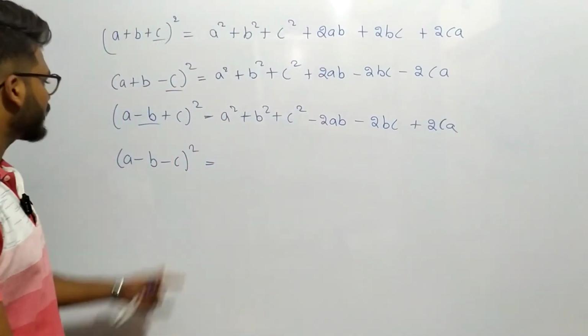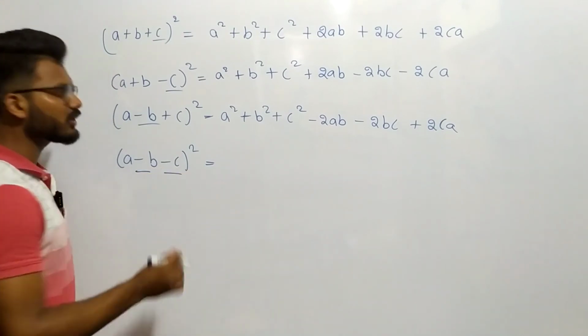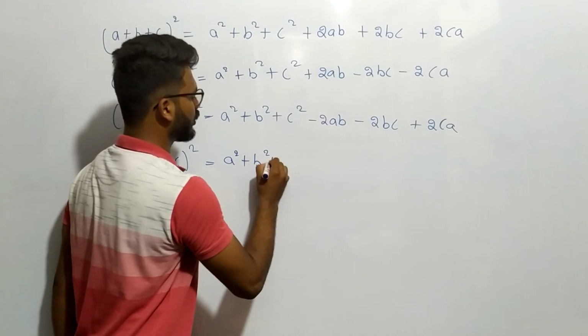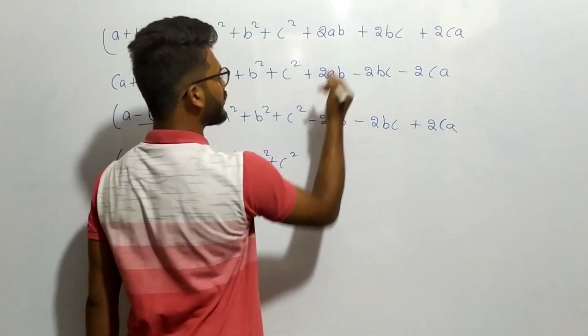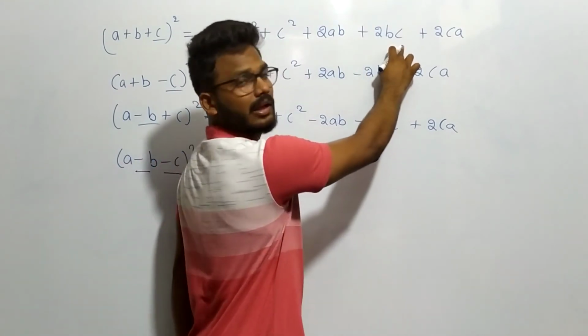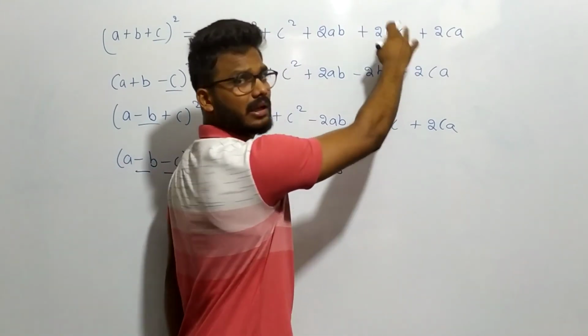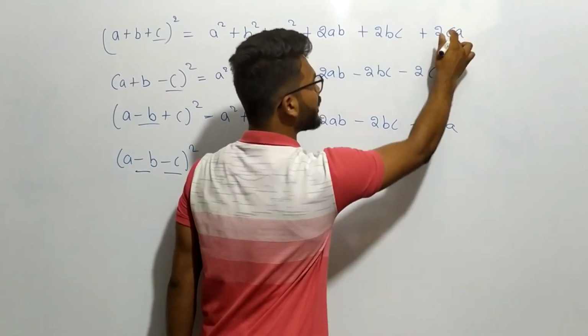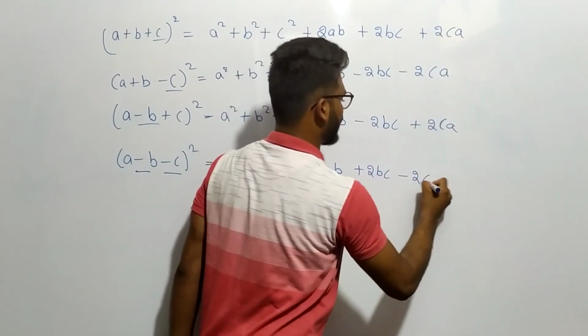Okay. And what about this? Well, you have b and c both minus. So you have to consider those two. See, you have b here, so minus 2ab. Here you have both b and c, so minus b into minus c, minus into minus is plus, so it won't change. Here you have only c minus, so minus 2ca.